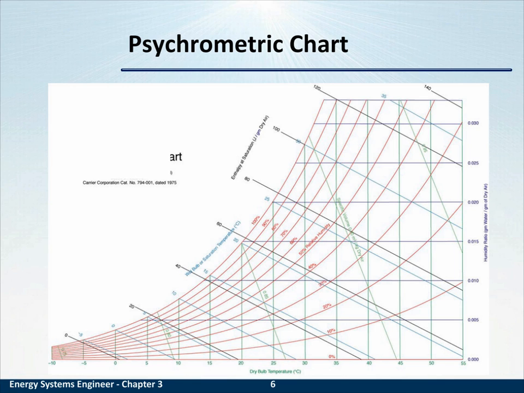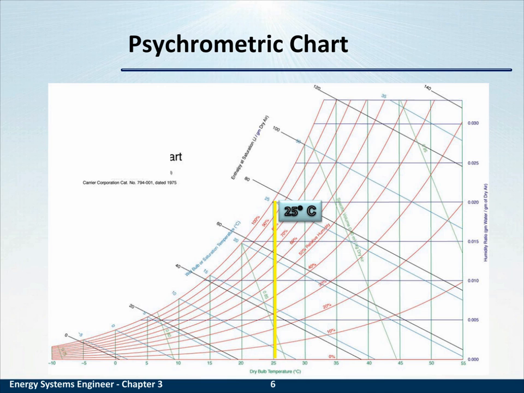I mentioned earlier the psychrometric chart. Psychrometric chart is used for many calculations in HVAC. I'm going to illustrate one that I referred to a minute ago, and that's the relative humidity. As you notice across the horizontal axis are numbers that are referred to as the dry bulb temperature. This is the regular temperature.